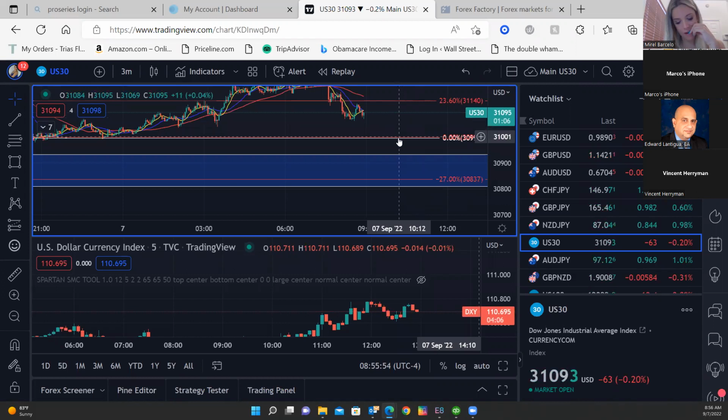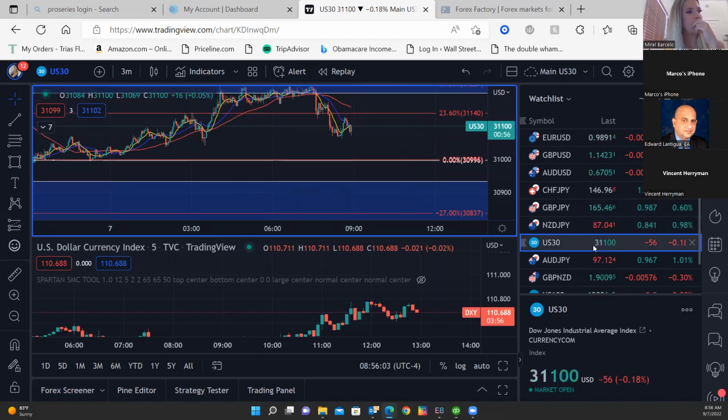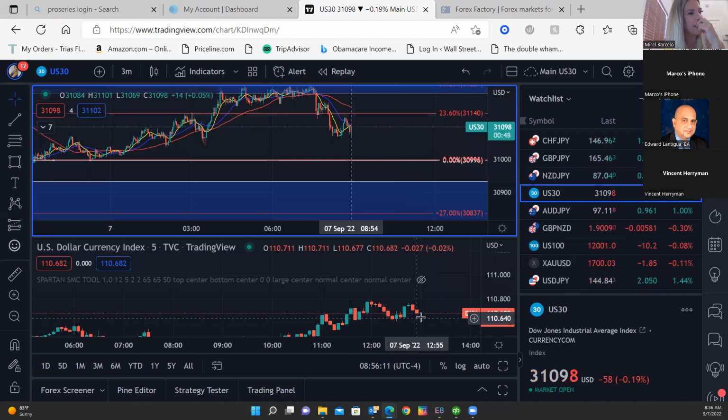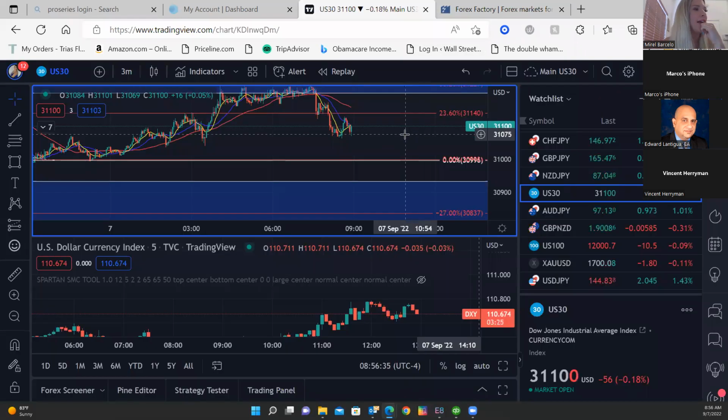Okay. So right now, this one's in profit, even though she retraced a little bit. Let's see how the dollar reacts. There's news, like I told you guys, there's news at 8:30, which is not high impact news.